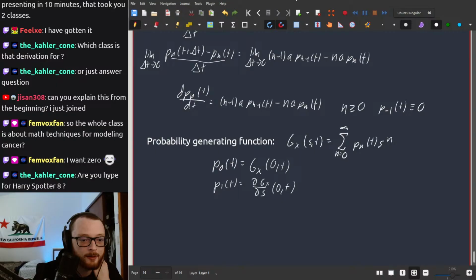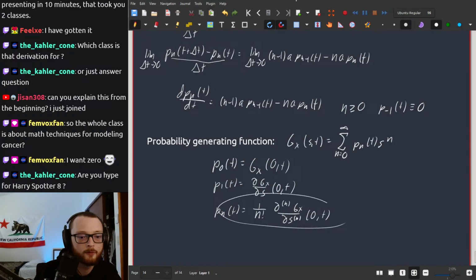And so on like that. You do get an n factorial out front because of the derivatives we're taking. But that's how you can always recover your individual p sub n's.